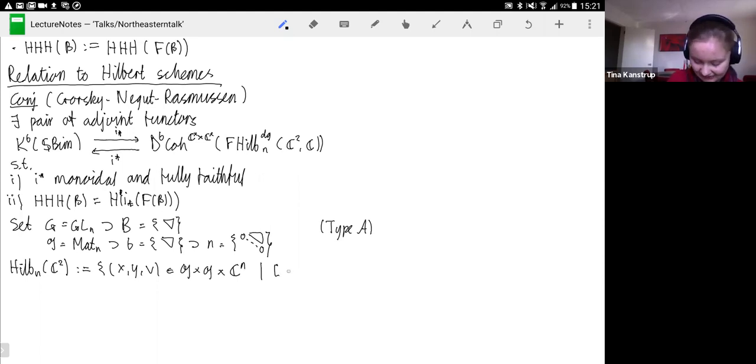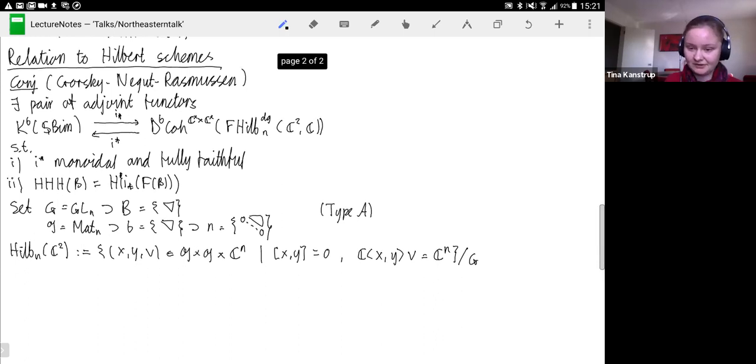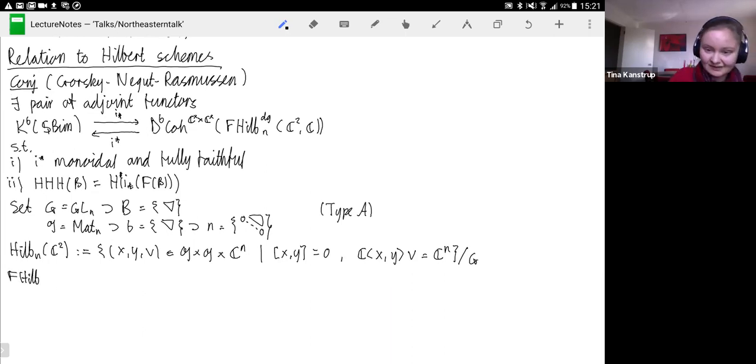And my requirement is that these two matrices commute with each other. And then I require my vector to be cyclic, meaning that if I apply any combination of my matrices to v in all possible ways, then these need to generate all of C^n. And then I take the quotient by G.